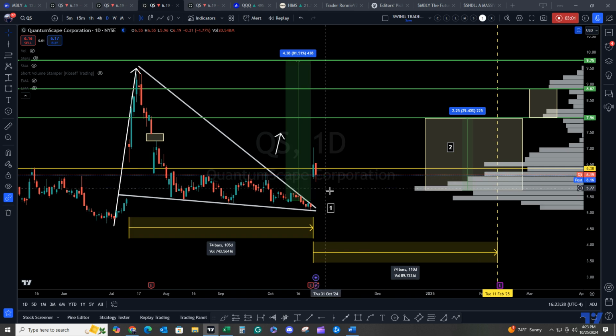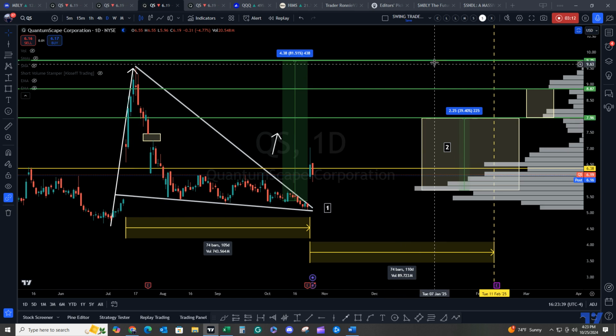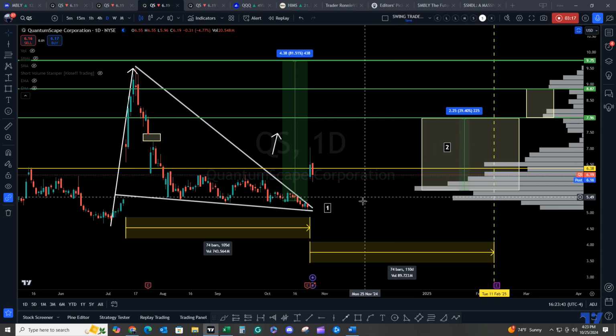So like I said, I started a position here today. Some price targets to be looking at are this volume shelf gap fill at $7.96, the measured move up to $9.75, and this volume gap fill right here at $8.87.